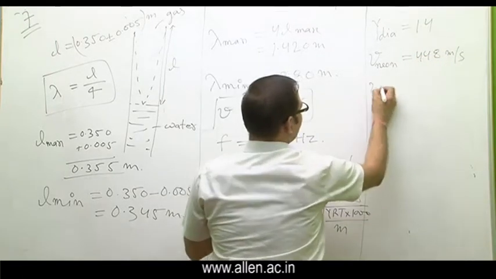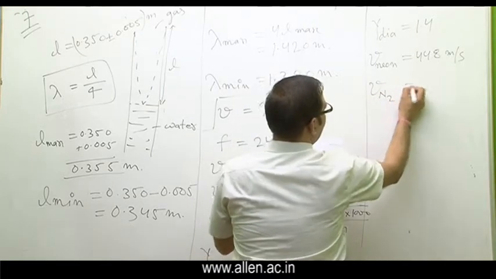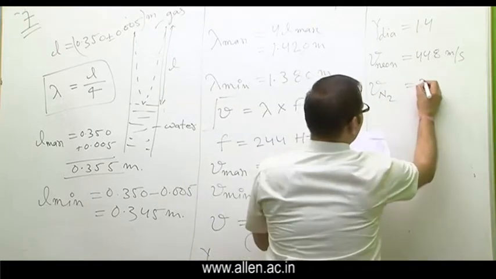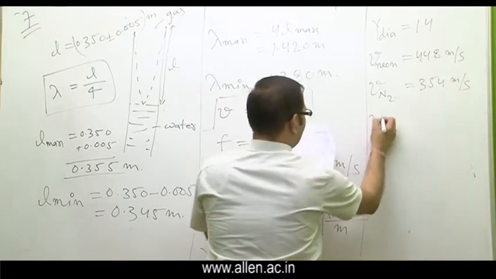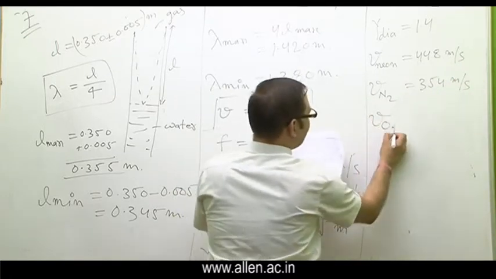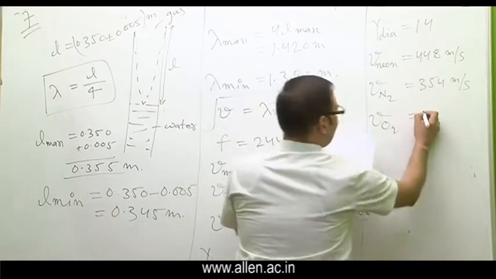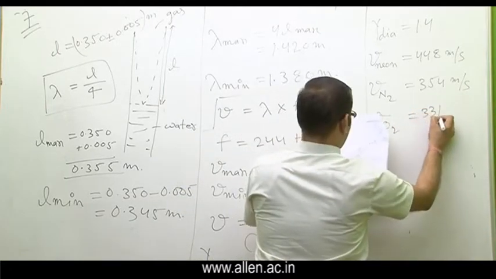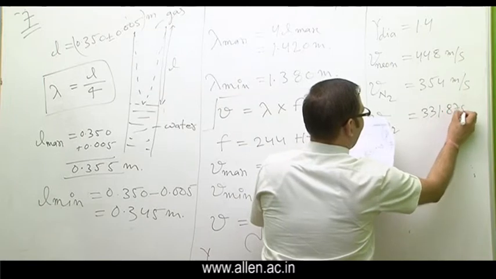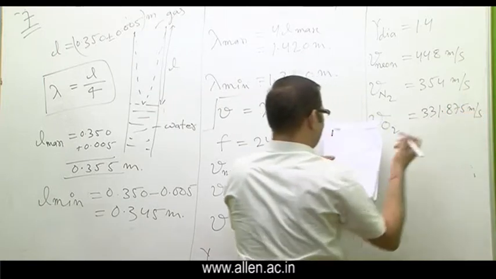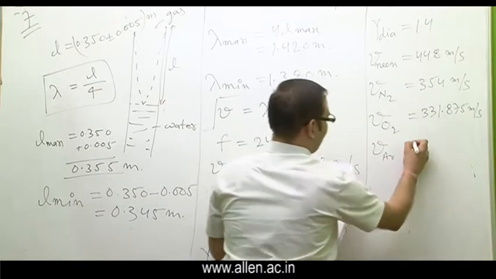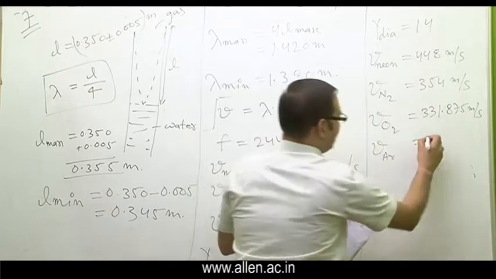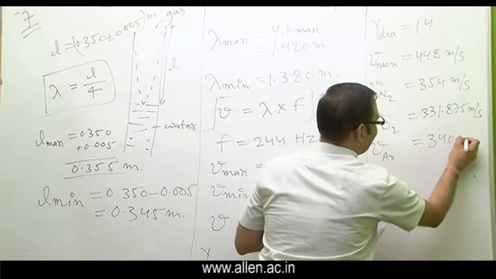For nitrogen, it comes to be 354 meter per second, for oxygen 331.875 meter per second, and for argon it comes to be 340 meter per second.